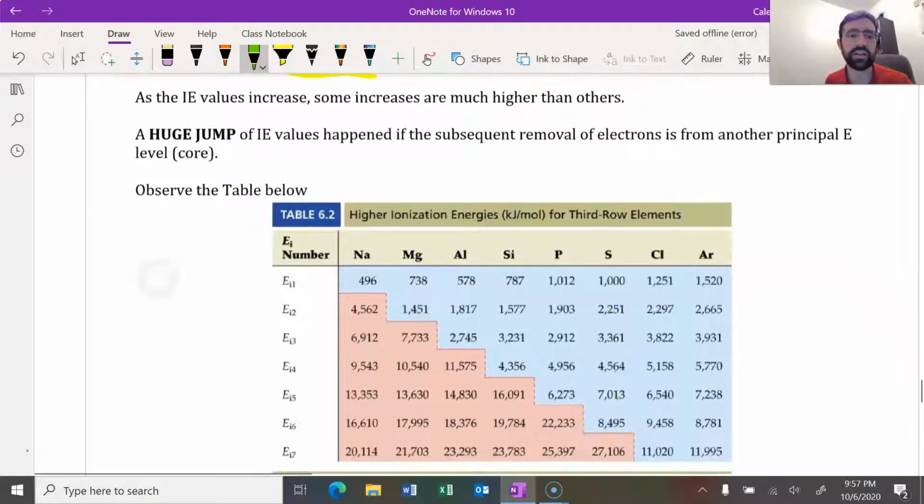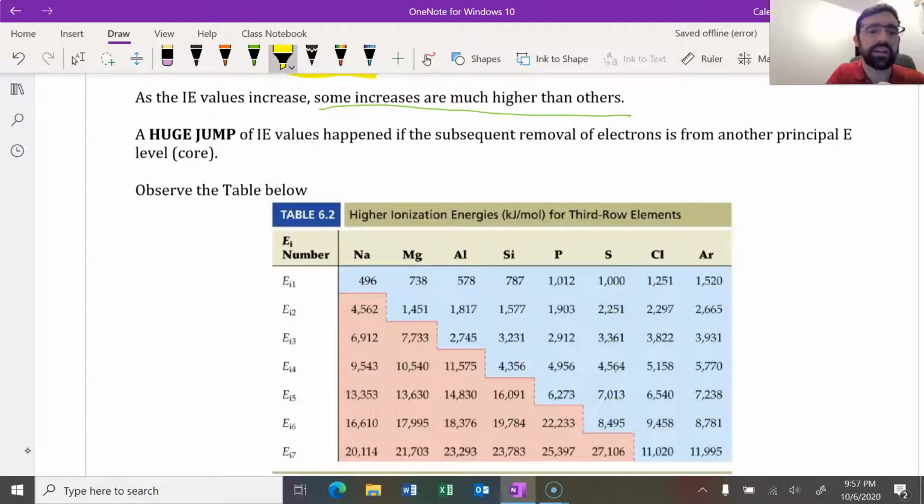As the ionization energy values increase, some increases are much higher than others. Take a note that a huge jump of ionization energy values happens if the subsequent removal of electrons is from another principal energy level or from the core.